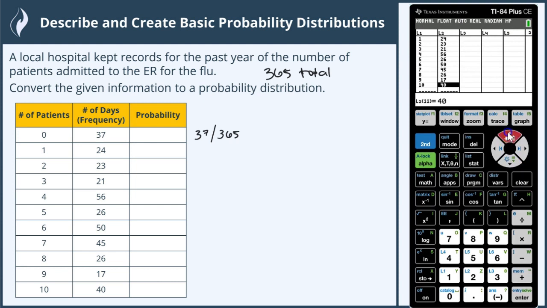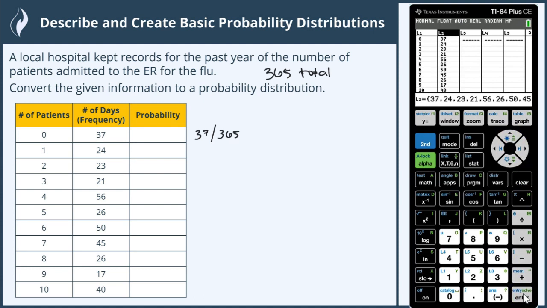If you ever need to clear a list, scroll up, highlight that list, and press clear, then enter. I want to make sure you don't press delete. You scroll up until you highlight the top, L1, L2, whichever you want to clear, press clear and then enter, and it should clear out the values in that list. So go ahead and pause if you need to input these into your graphing calculator: number of patients in L1 and number of days, or frequencies, in L2.